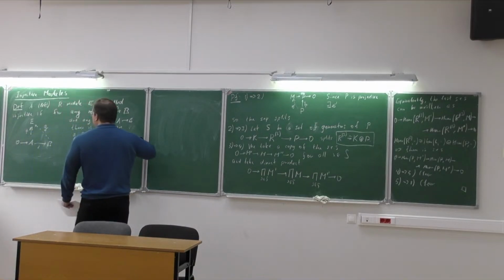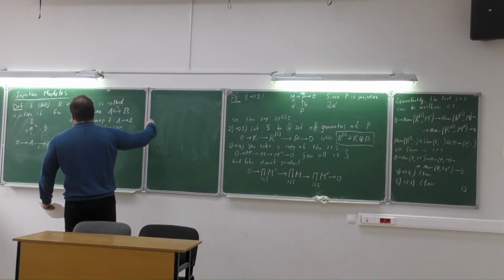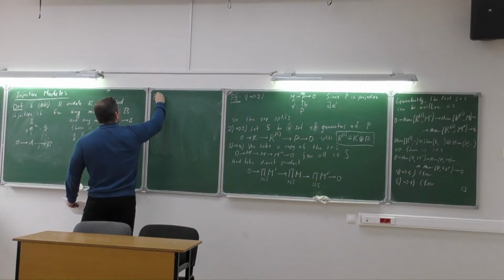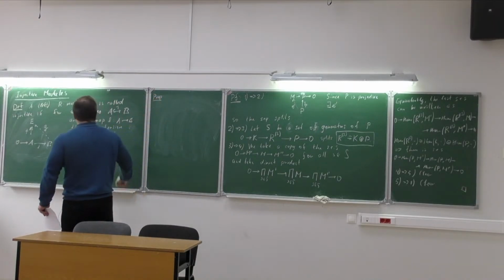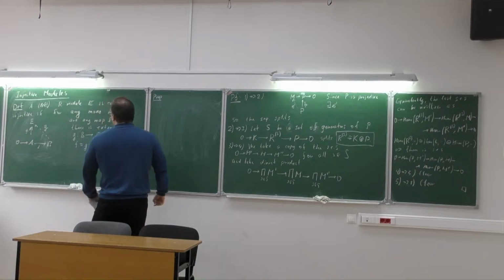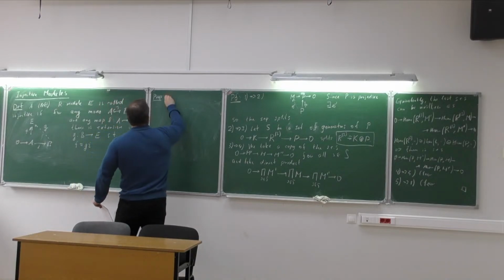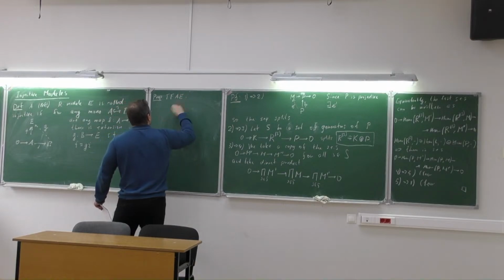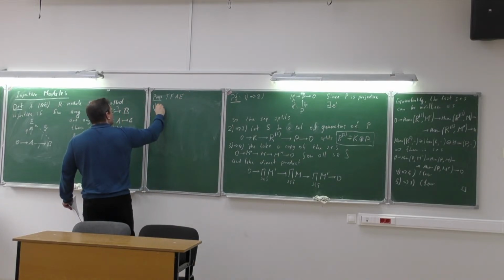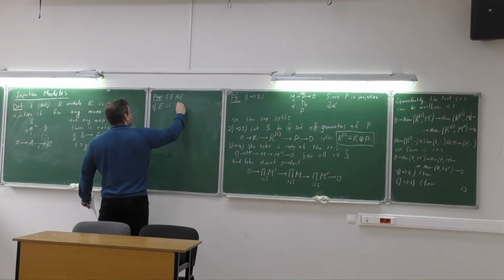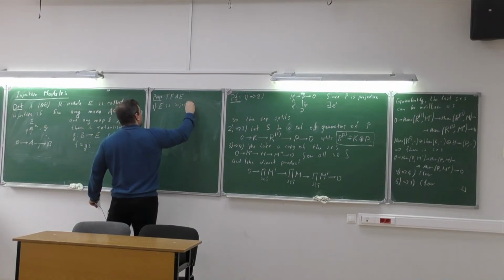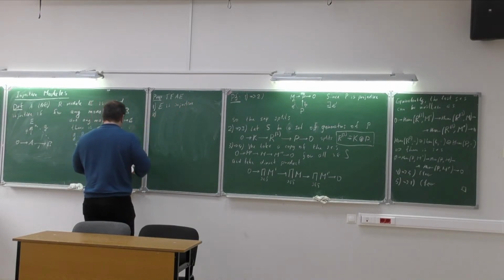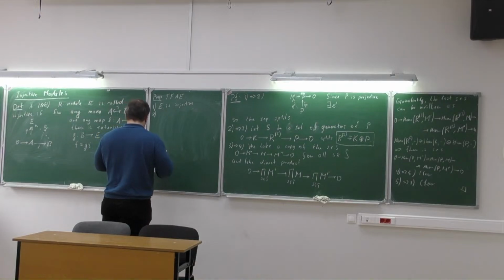Okay, and then I can formulate a proposition which is more or less the same as before. So let me assume that I have this notation, I have module E, and then the following are equivalent. So I'm going to leave this as an exercise. So E is injective, say condition 2. So let's see.